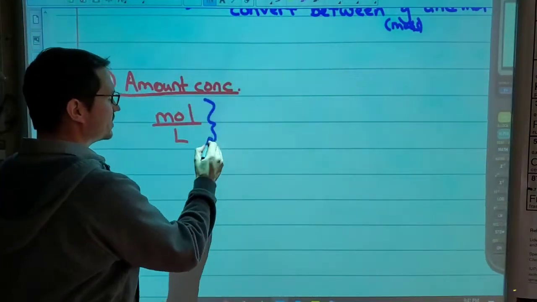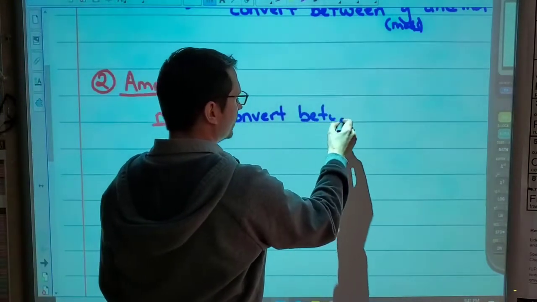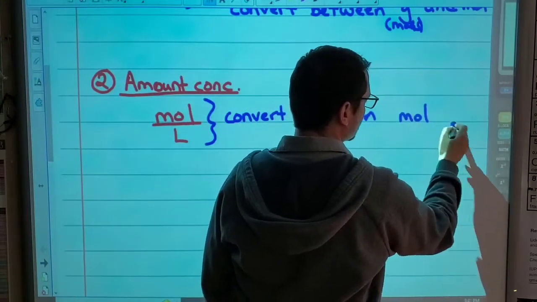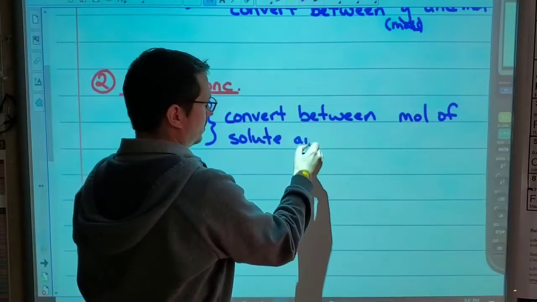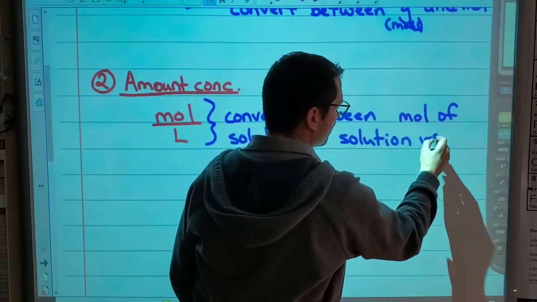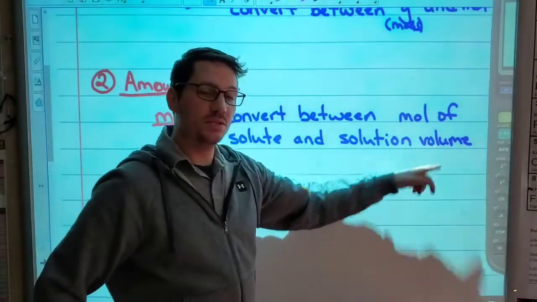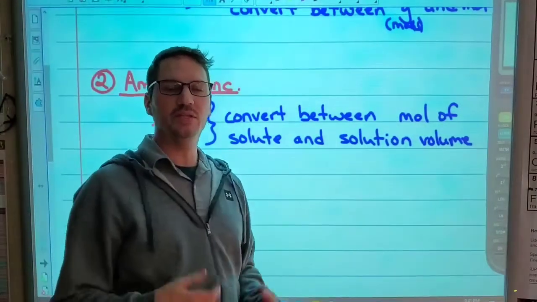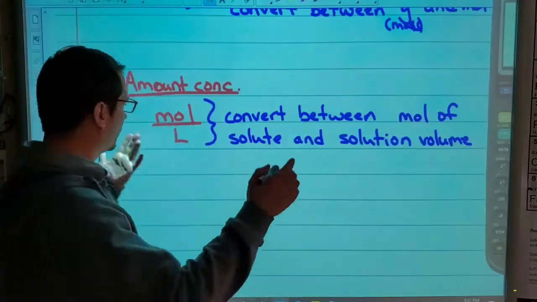So this allows us to convert between the moles of a solute and the solution volume. Keep in mind the volume of the solution has to be measured in liters, right? A lot of the time it's more convenient to measure things in milliliters, but in our calculations they need to be in liters. Okay, no problem.